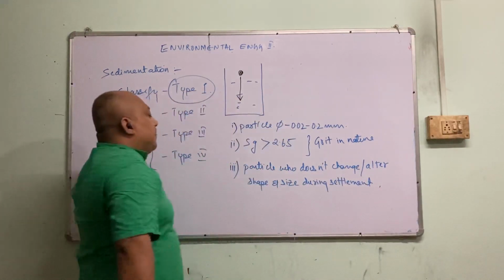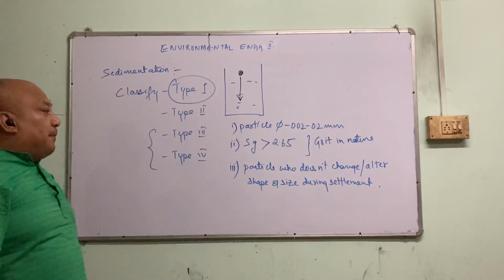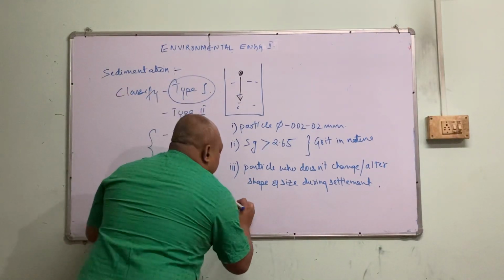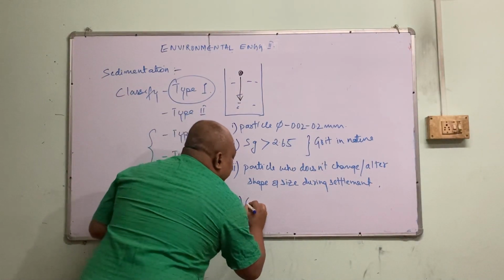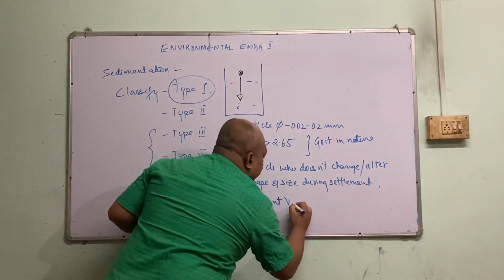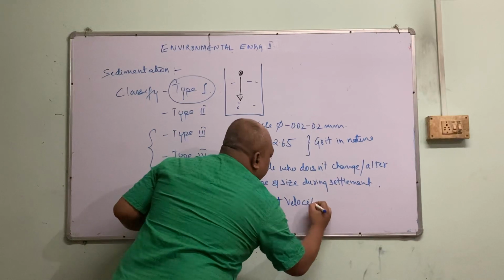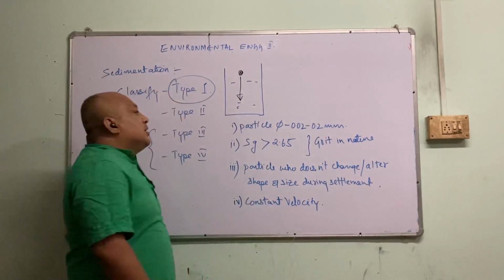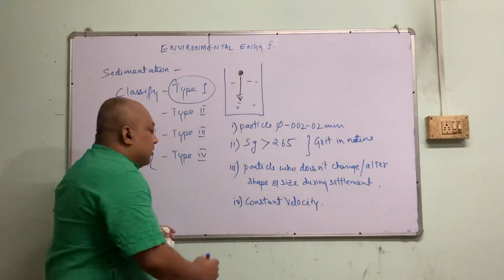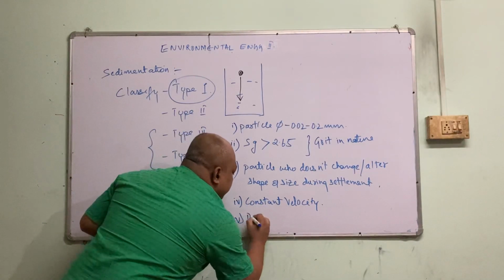And a particle having this type of properties, when it settles down, settles with a constant velocity. Such particles possessing all these properties, we call discrete particles.